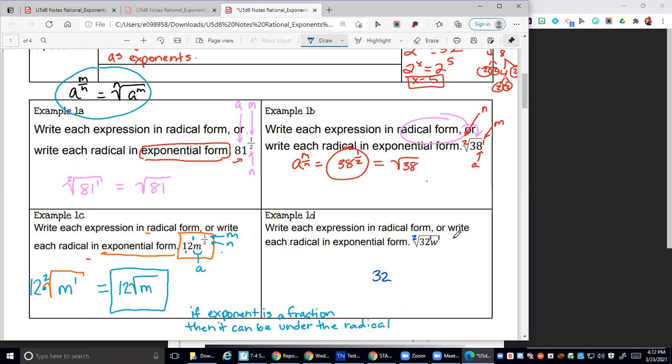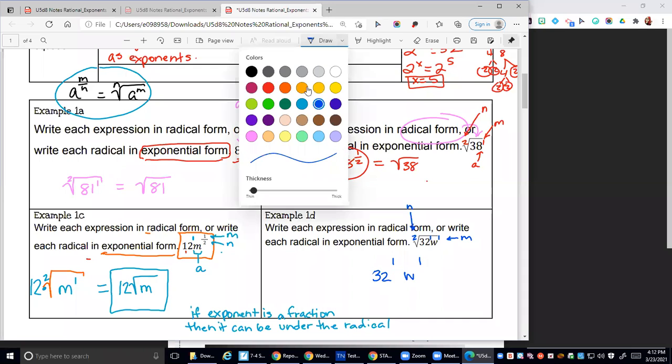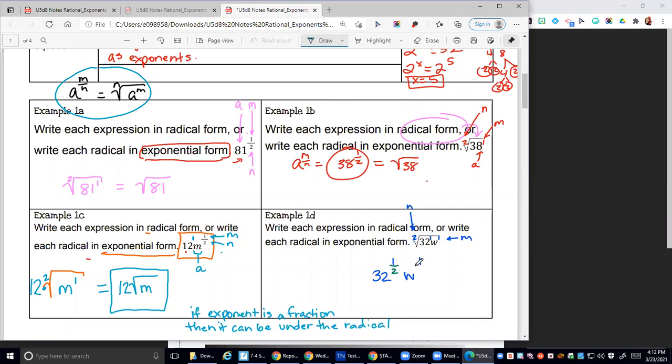And keep in mind, these right here, if it's under the radical, are the m's. And both of them are going to have the same n being equal to 2. So I'm going to pull 32, and I've got to the power of 1, w to the power of 1. Notice I'm leaving room for a new denominator. That denominator is going to be your index. And so I'm going to pull that 2 as my denominator.